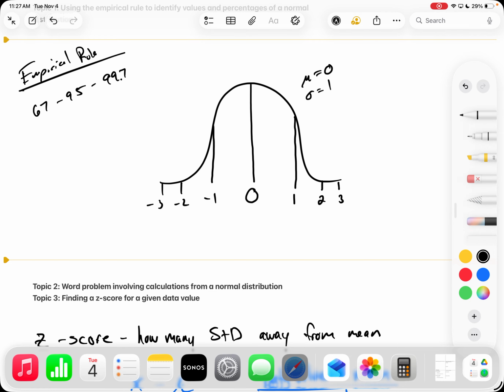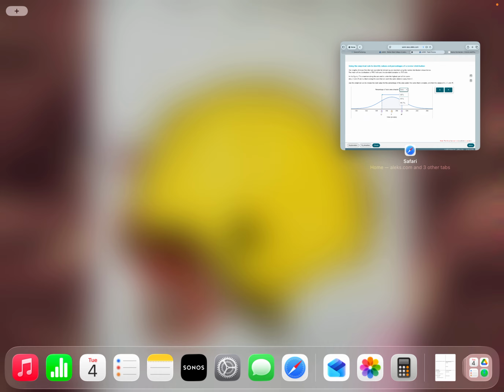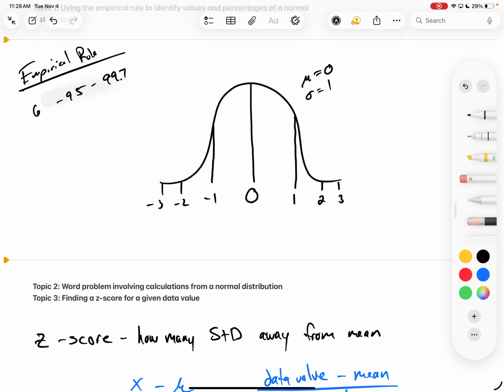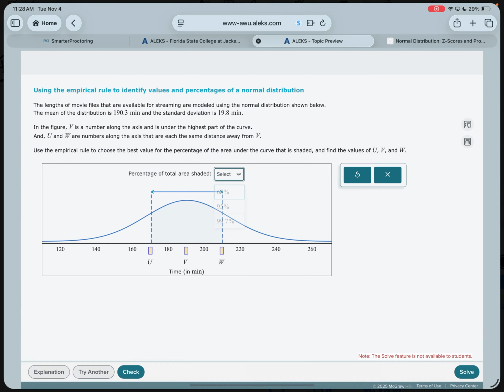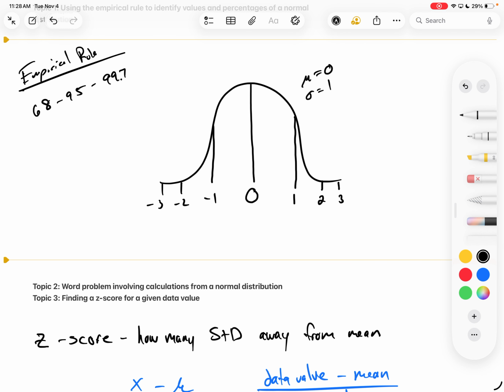Is it 68? I don't know what in the world. I'm losing it. I turned 40 one week from today, so my brain's just going. 68. My goodness. Just don't get old, you young people out there. 68, 95, 99.7. I don't know why I went blank there. I was trying to do 98. Okay, whew. I can have senior moments now. Okay, 68, 95, 99.7.